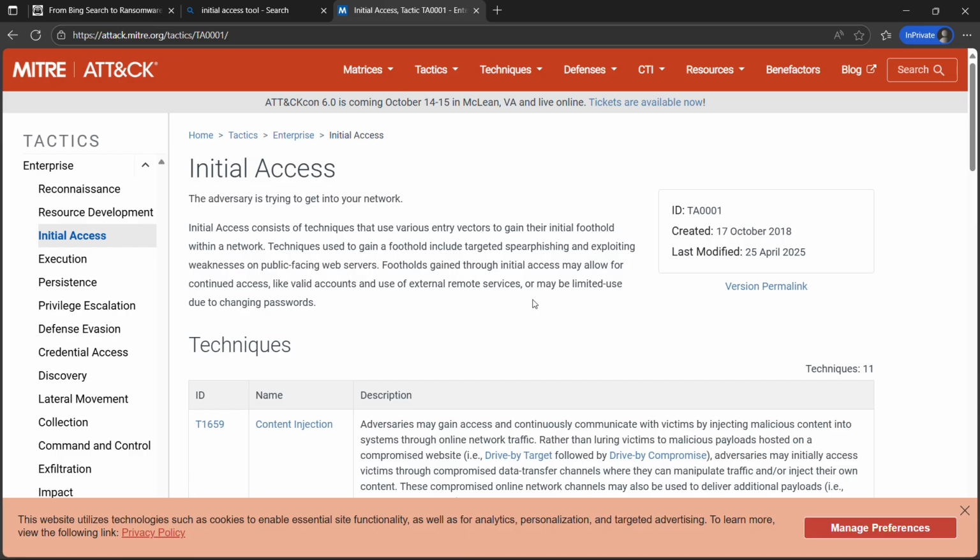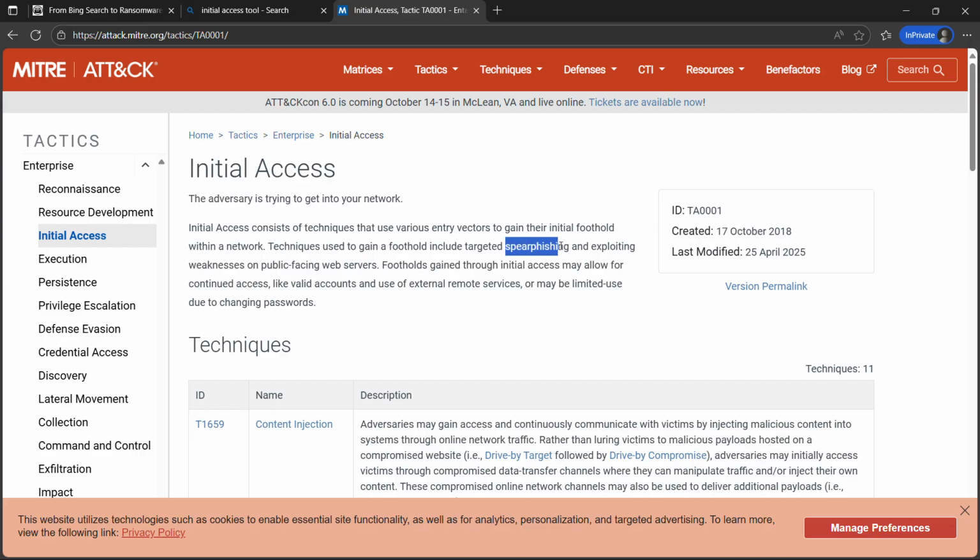But it targets specific individuals. So basically, the malicious actors have an idea on who they're going to attack. That's why it's called spear phishing, because it's very specific.